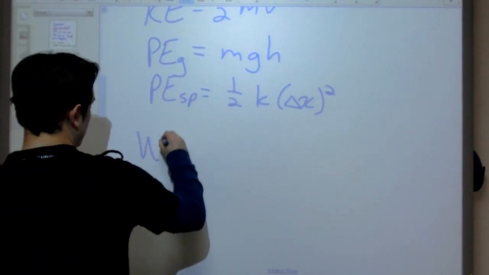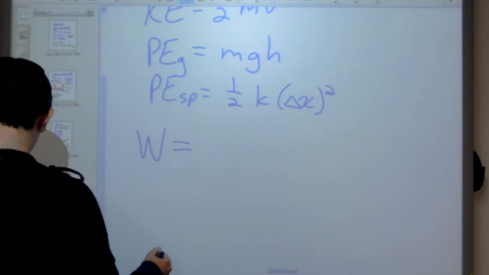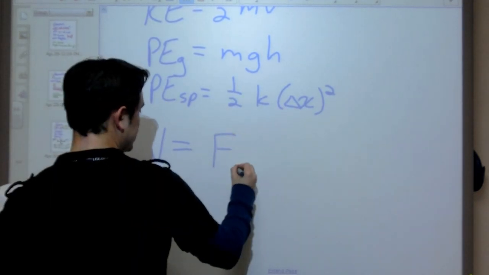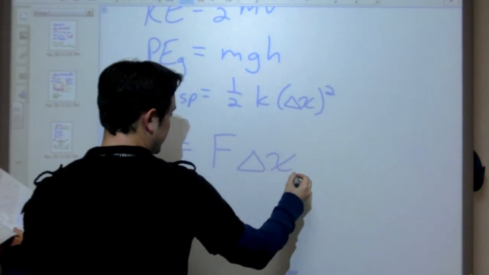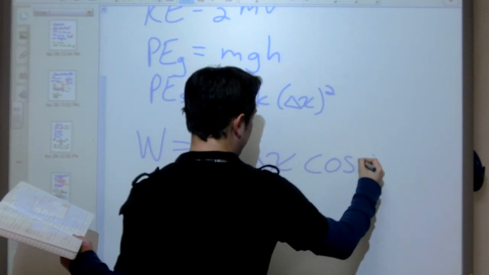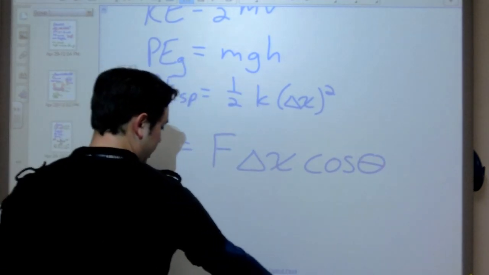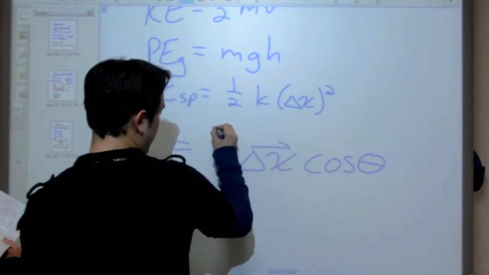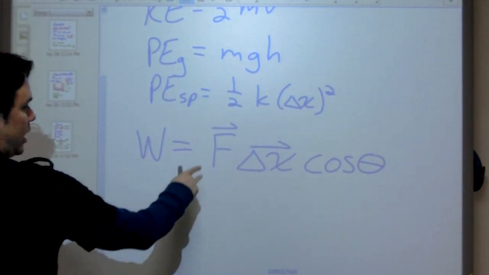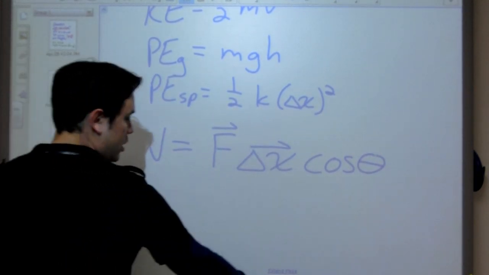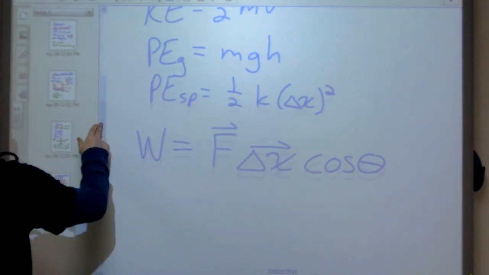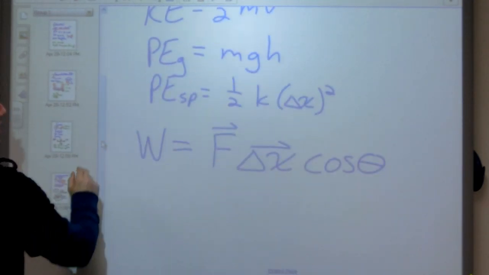Very important equation, work. Work equals our force times our displacement times cosine of the angle between the two. Now remember, my displacement is in a given direction and my force is in a given direction. But the result that we get, work and energy in general, are all scalars.